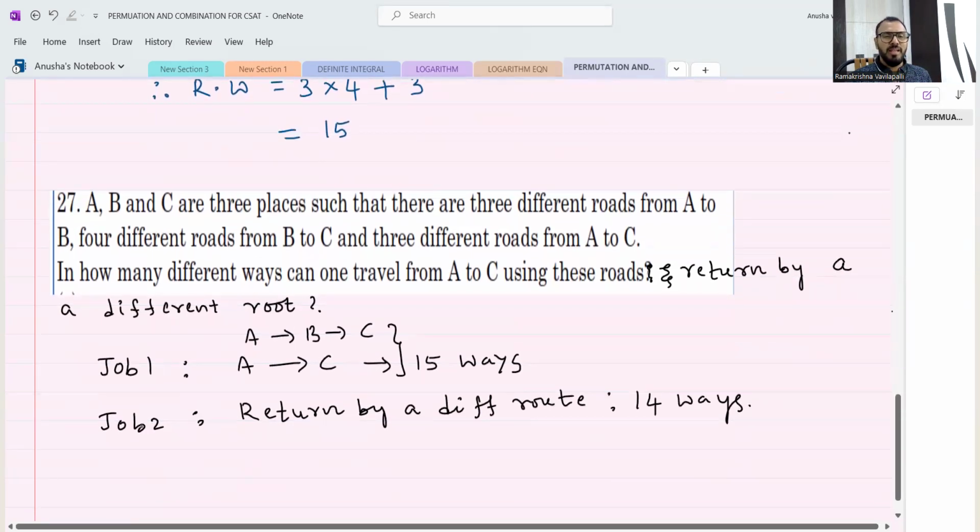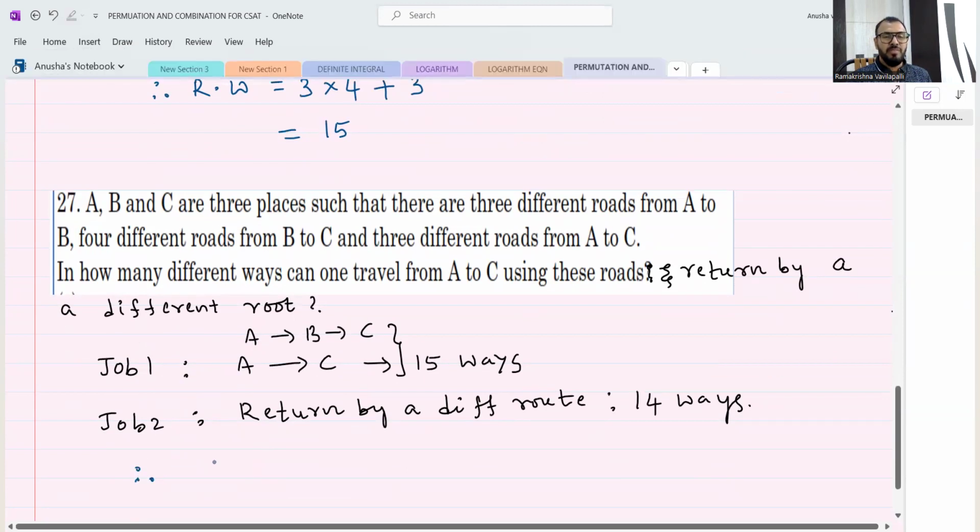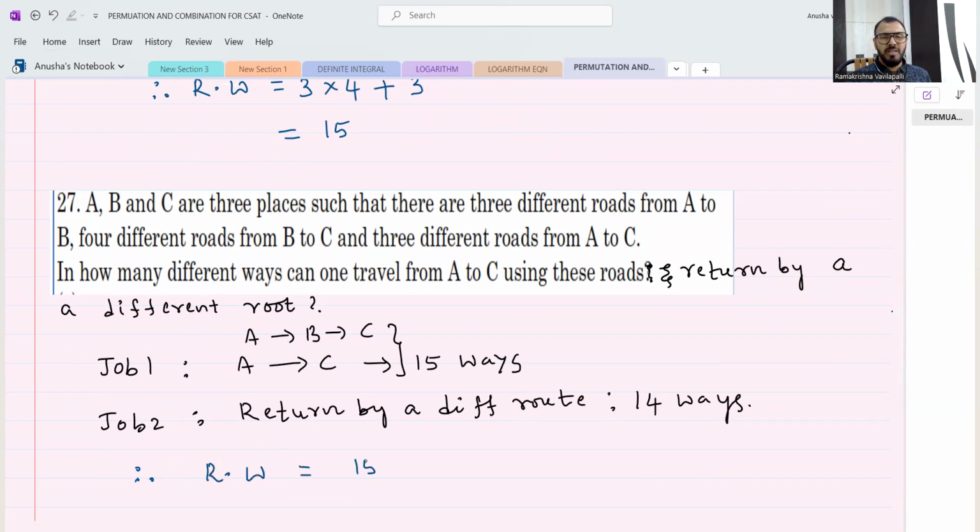So the number of required ways equals job 1 can be done in 15 ways, and then job 2 can be done in 14 ways. This is equal to 210. So there are 210 different ways.